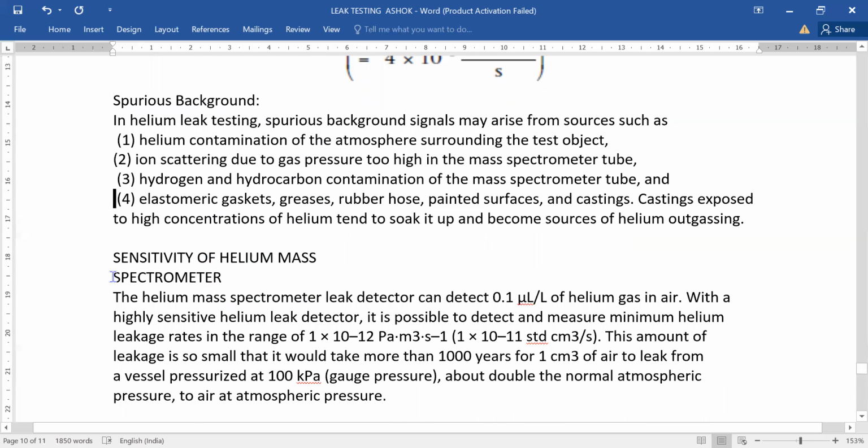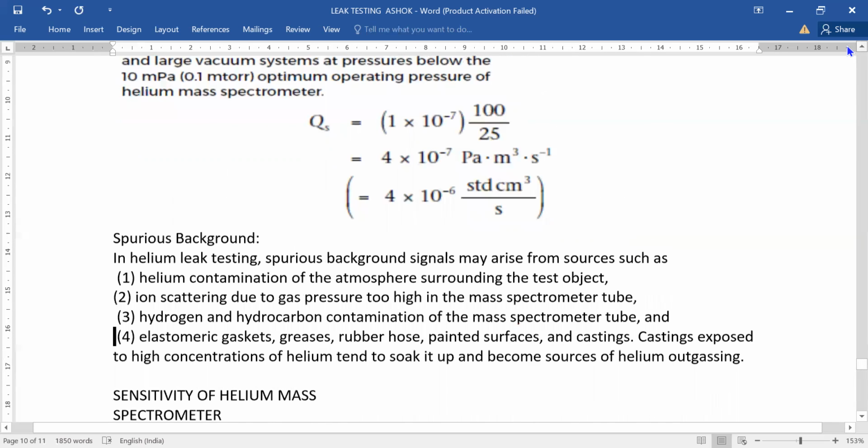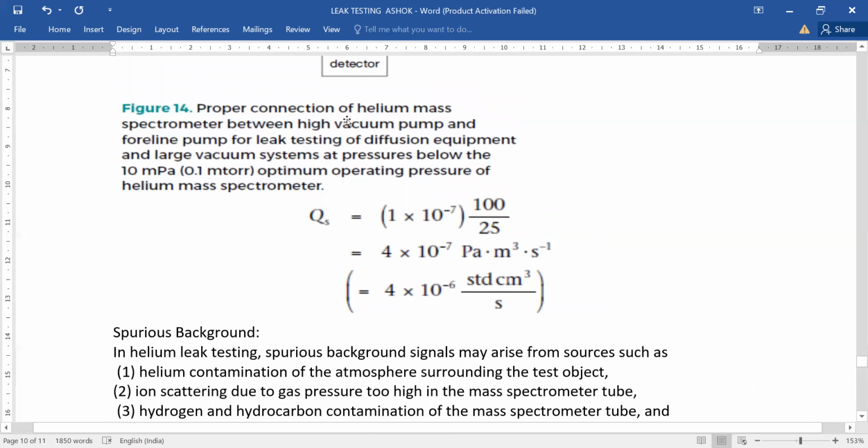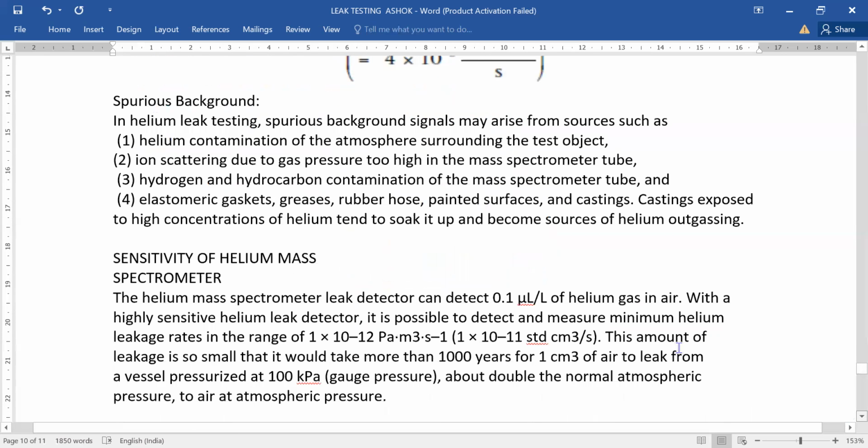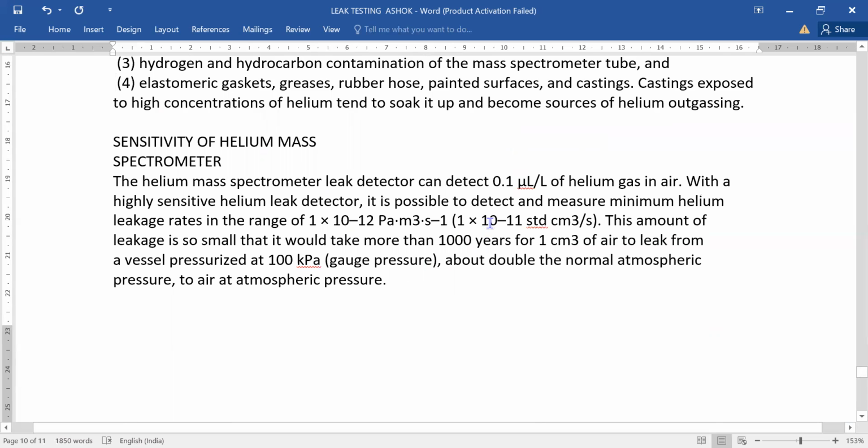Sensitivity of the helium mass spectrometer. The sensitivity is 10 to the power minus 12 Pascal meter cube per second, or 1 into 10 to the power minus 11 standard cm cube per second.